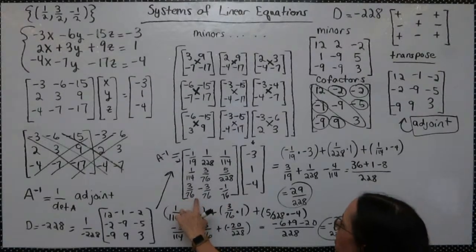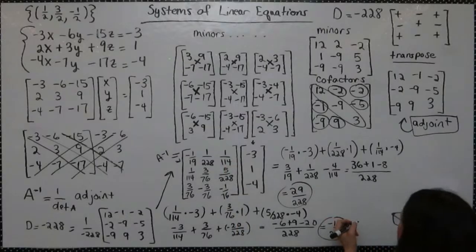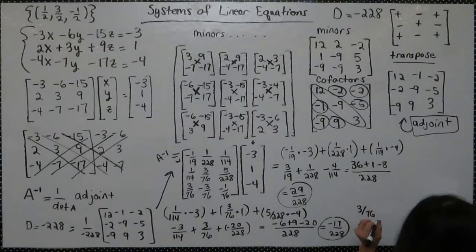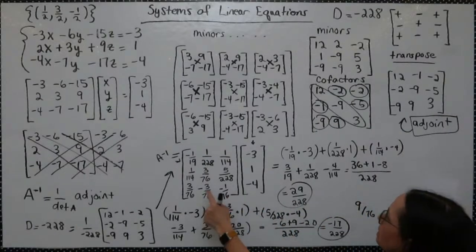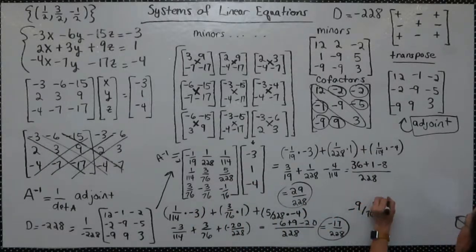So we've got 3 over 76 times -3, that is going to be -9 over 76. And we've got -3 over 76 times 1, so that's just going to say -3 over 76.